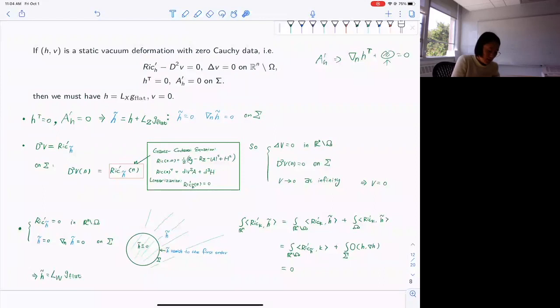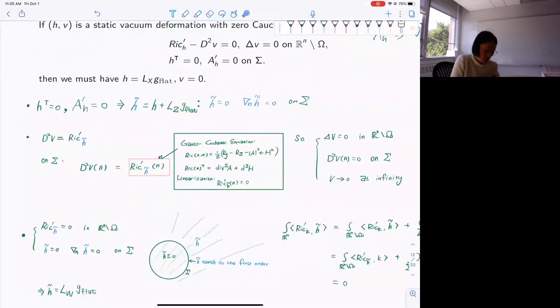Okay, and since this H tilde differs from H only by a kernel element, by a trivial element, this H tilde satisfies the same equation as H. Okay, so we take the first equation here, replace H by H tilde, and consider this equation on the boundary.